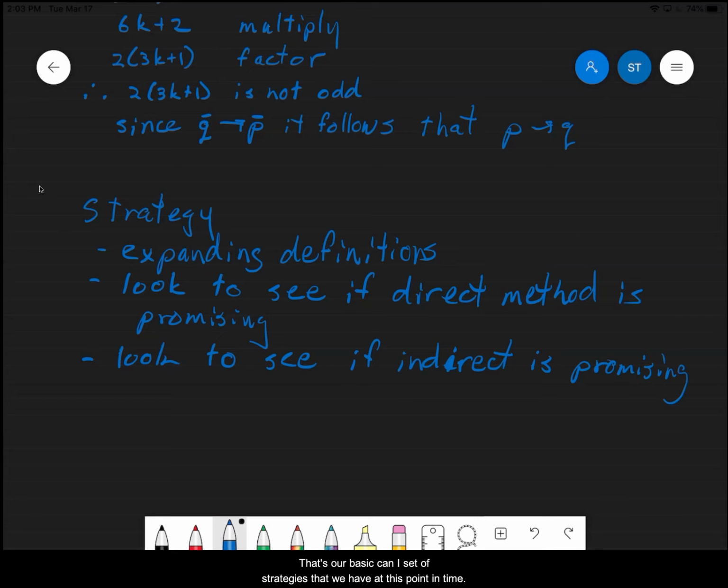And that's our basic set of strategy that we have at this point in time.